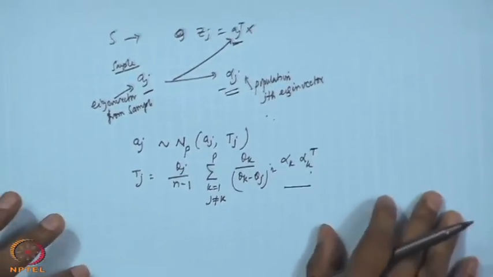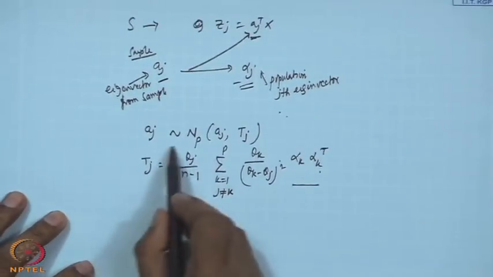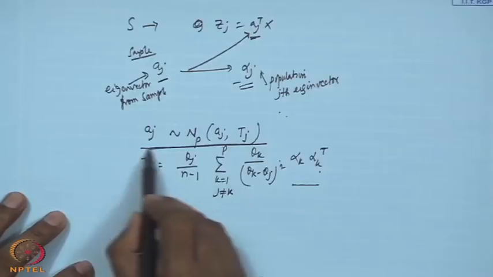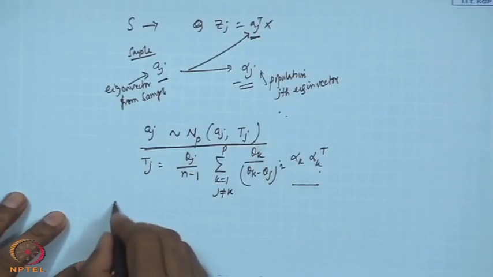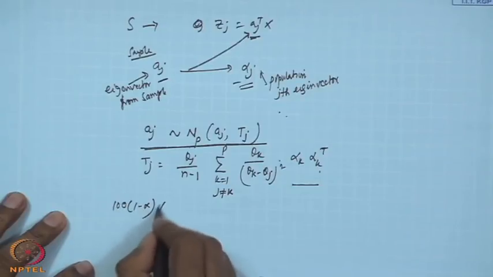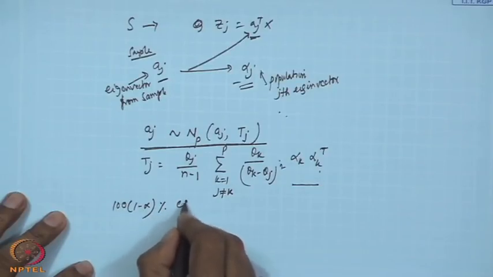Okay. So ultimately, as we are getting that Aj is multivariate normal with Tj, you will be getting a 100 into 1 minus alpha percent confidence region.